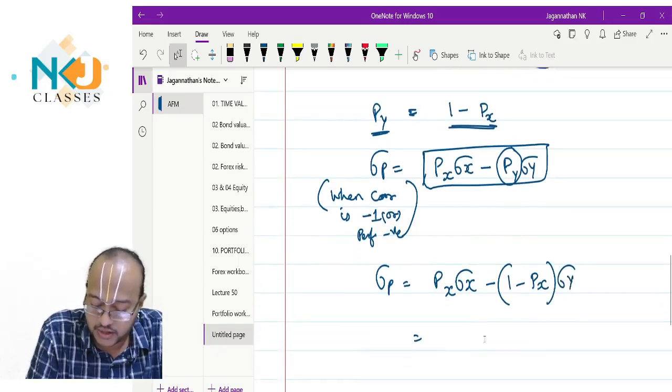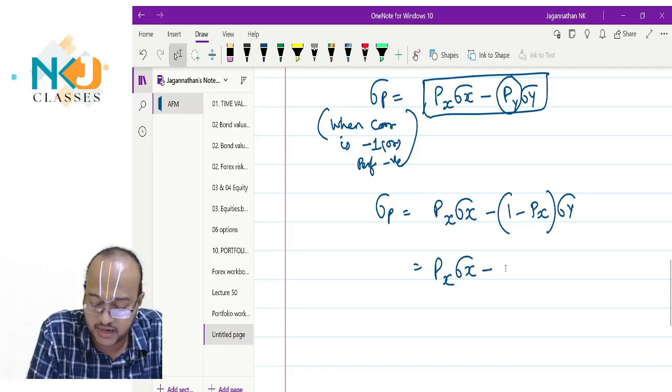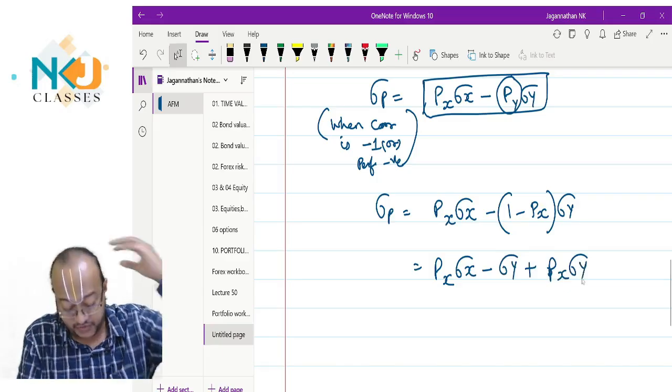Now you can remove the bracket. What we will get: proportion of x sigma x, minus 1 into sigma y, minus sigma y, plus proportion of x into sigma y. Are you all getting this? Right?